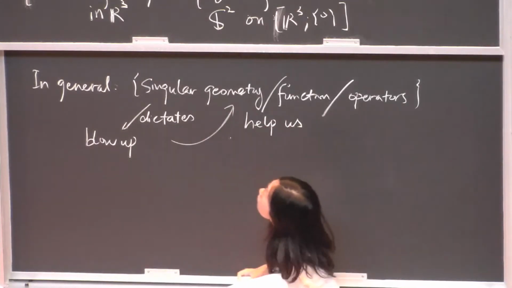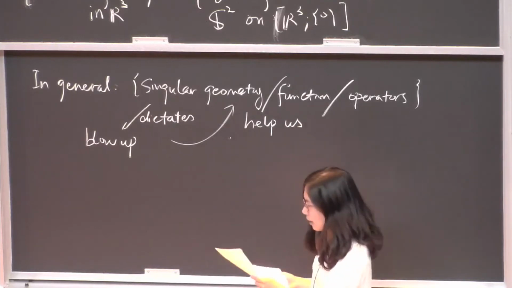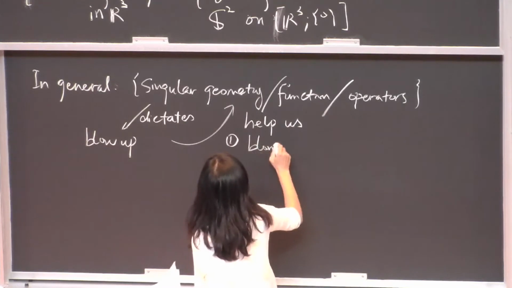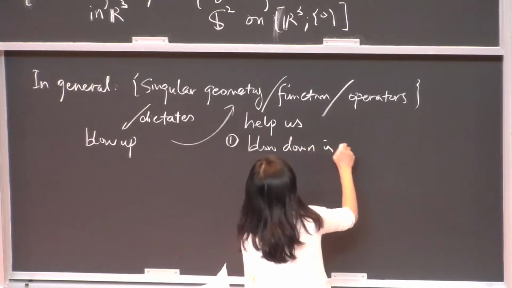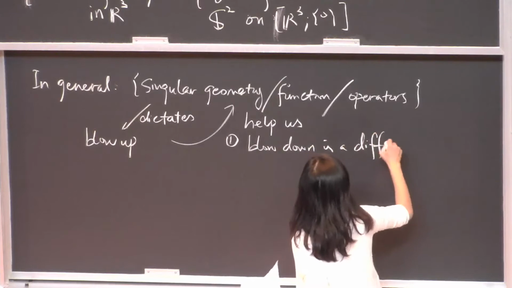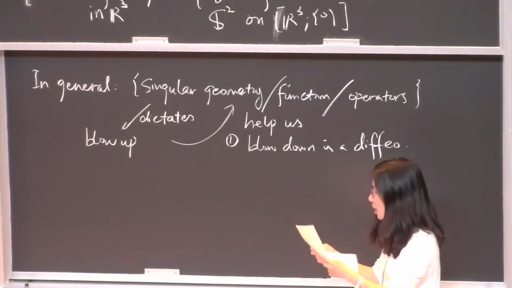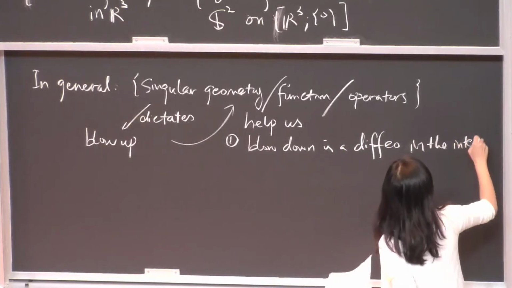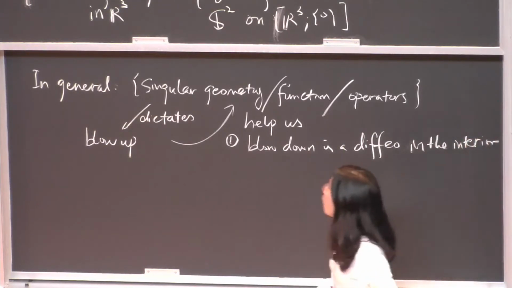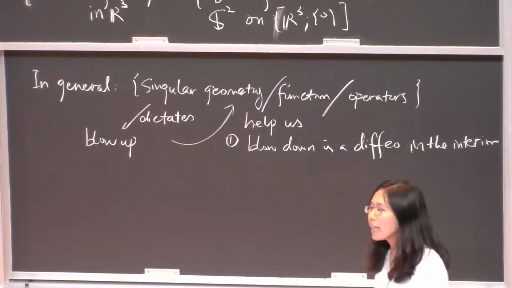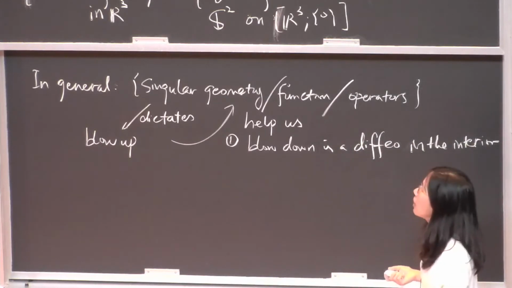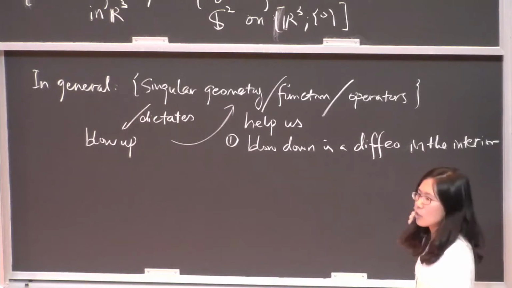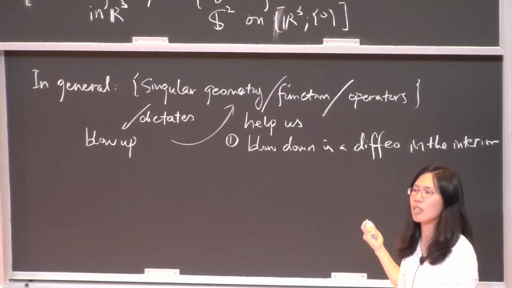So I mentioned these two things already, but let me write it out. So the first thing is that the blow-down map is a diffeomorphism, and in particular, in the interior. So if we gain new understanding on this blown up space, then what's happening in the interior will immediately tell us what's happening in the original space away from the singularity.